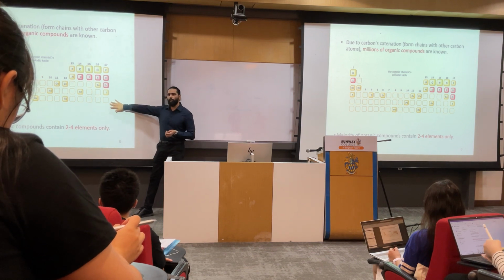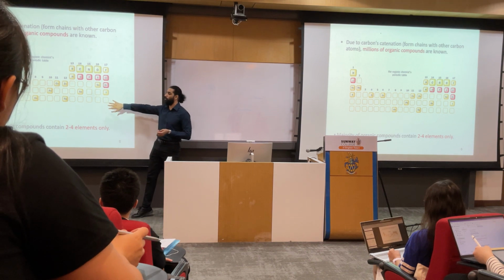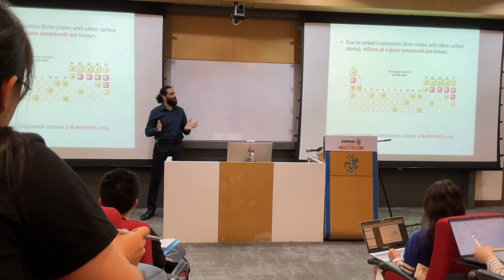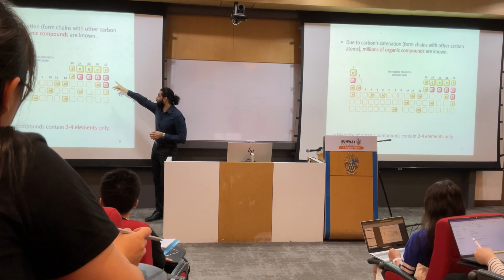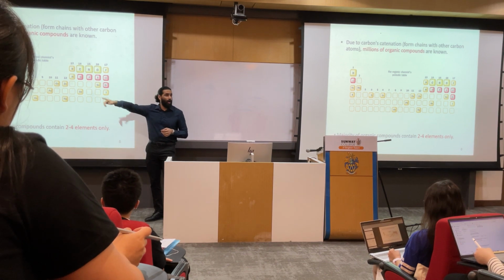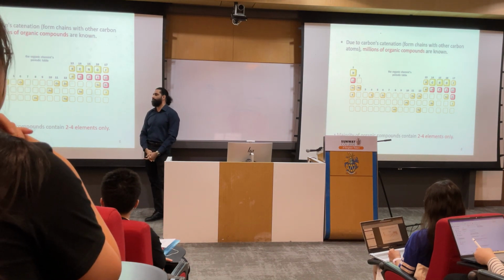So this is actually the periodic table for organic compounds exclusively. Organic compounds will generally only have these elements. And the green ones are the ones which are there in almost 95% of organic compounds.